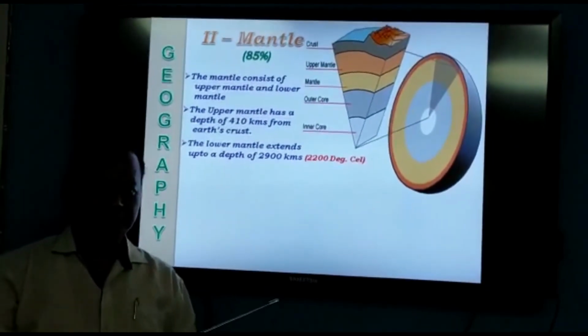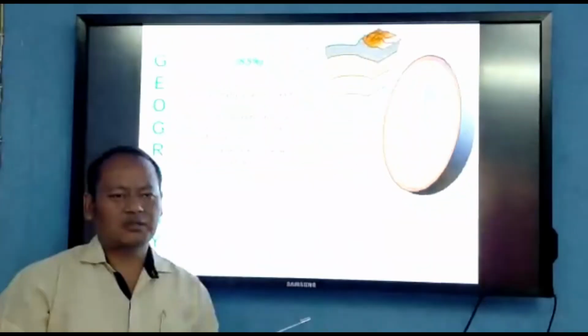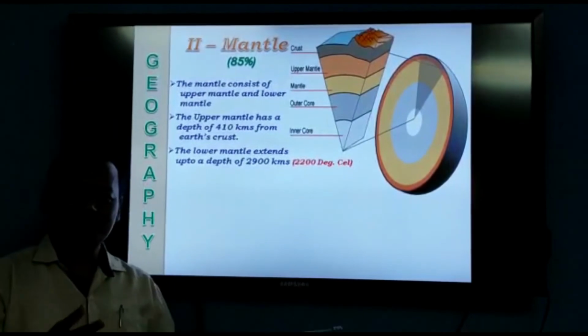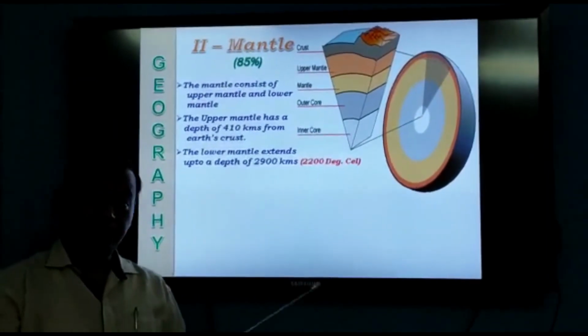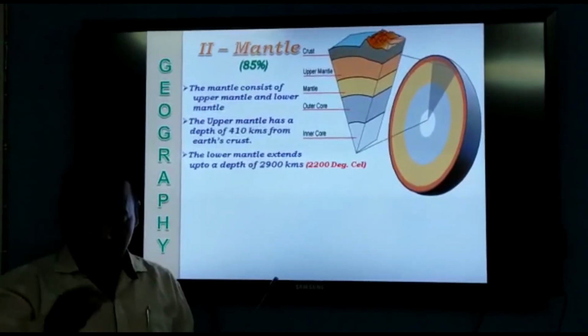But one thing you should know: it is very hot inside, and it gets hotter as you go deeper. The temperature is 2,200 degrees Celsius in the lower mantle, and as you go deeper into the core, it becomes hotter and hotter.